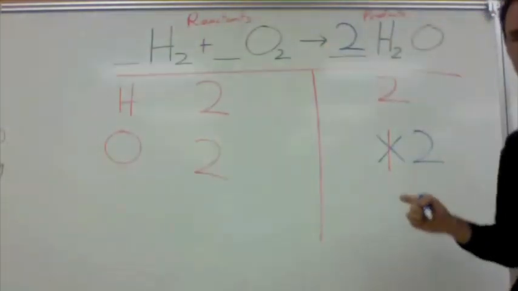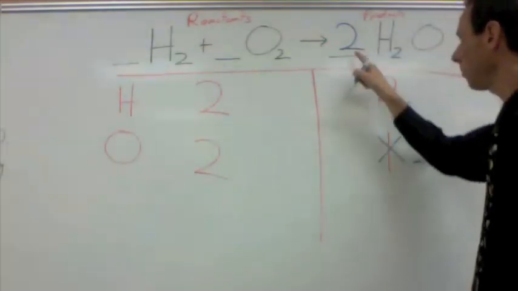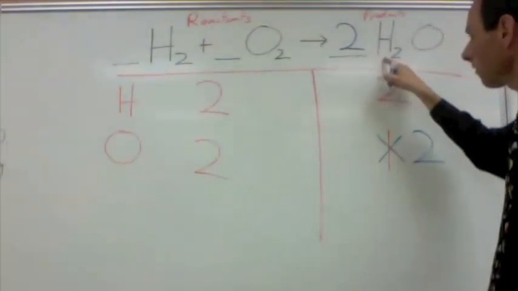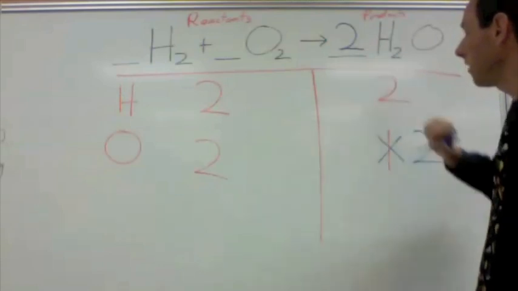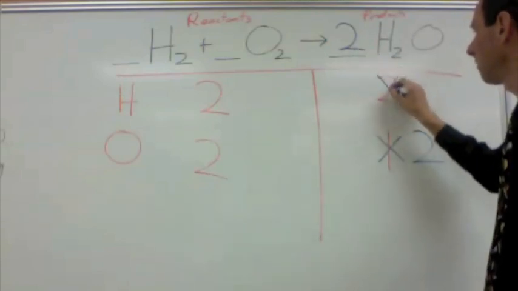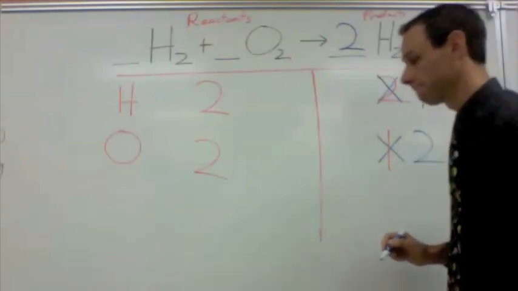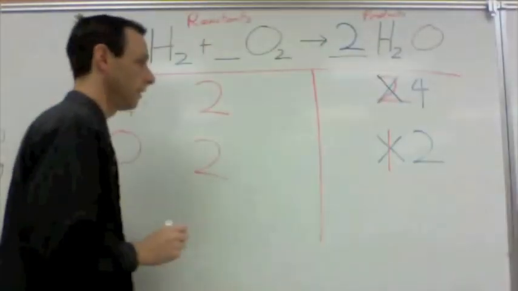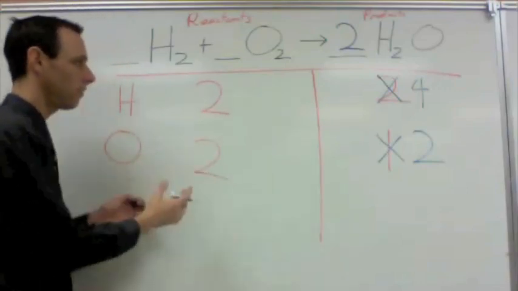That's awesome. However, I did mess something up. When I put that 2 there, it also made there be more hydrogen. So how many hydrogens do I have now? Well, 2 times 2 is 4. Well, it was nice while it lasted, but now it doesn't match anymore. So I have to come back to this side.